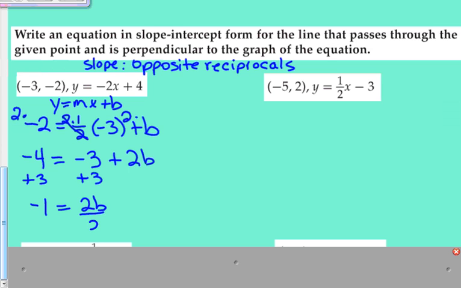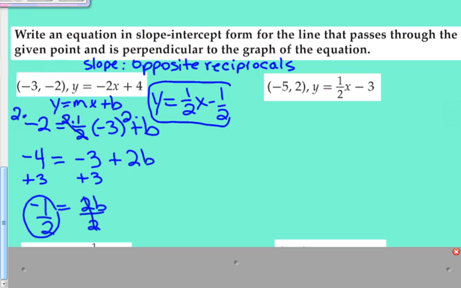Then divide by 2. And my b is -1/2. I'm going to plug that back in for b of my new equation. So a line that's perpendicular to the given line would be y equals, instead of -2, it's going to be a +1/2 x, and then -1/2 for the b. And there's a line perpendicular to the one they gave us.